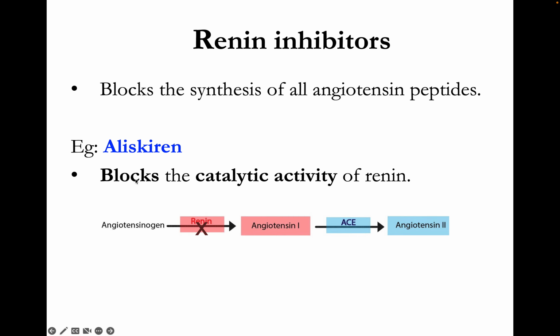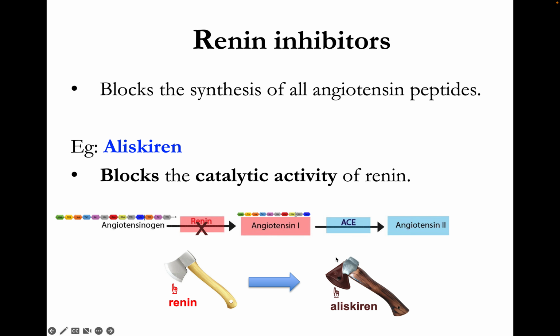This drug's mechanism blocks the catalytic activity of renin. In the simplest explanation, if I consider renin as an axe to chop or cleave the long angiotensinogen peptide into the decapeptide angiotensin 1, I'm using this renin. But if I use aliskiren, I'm going to block the catalytic activity so that I will not cleave the angiotensinogen.